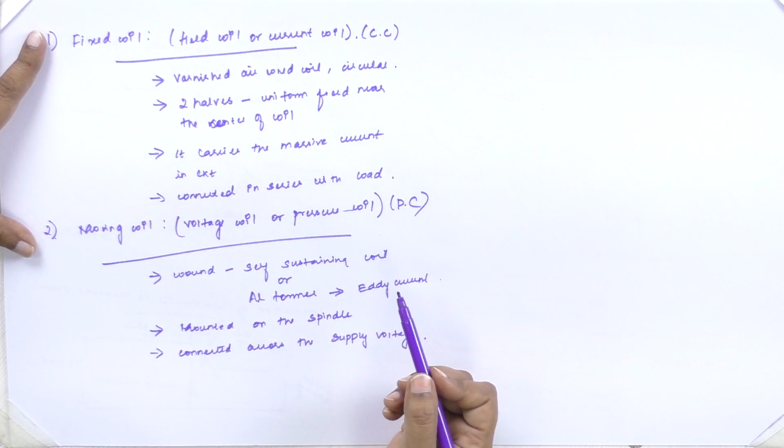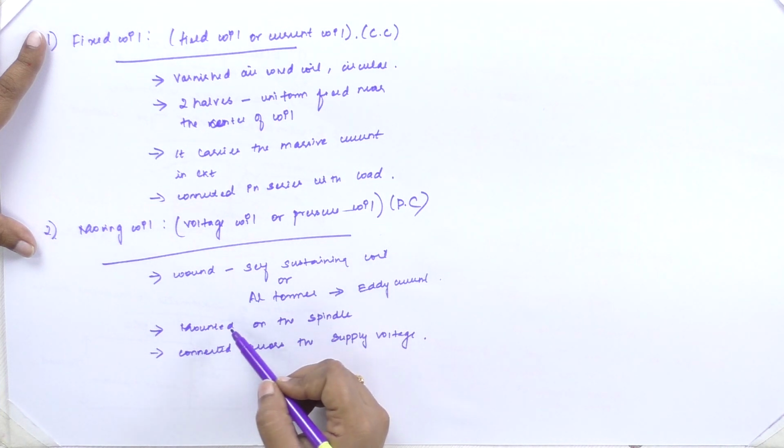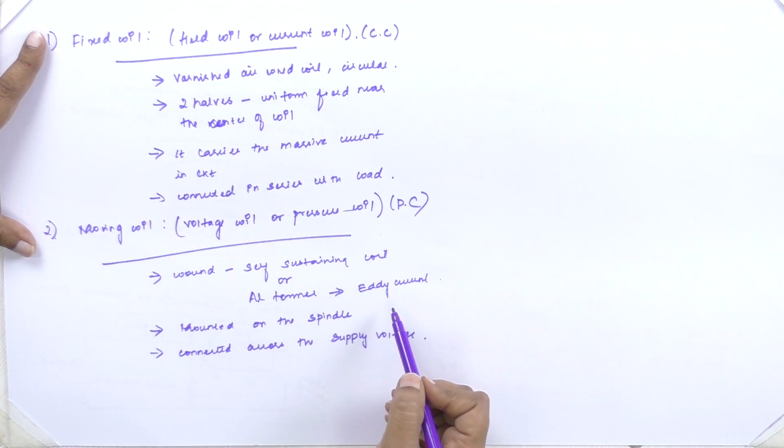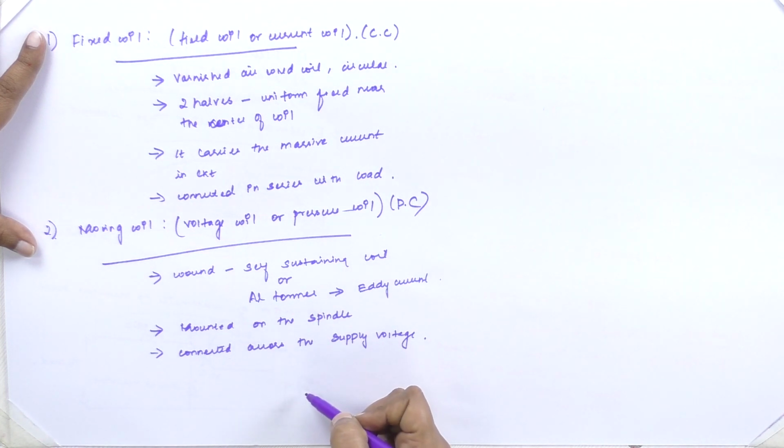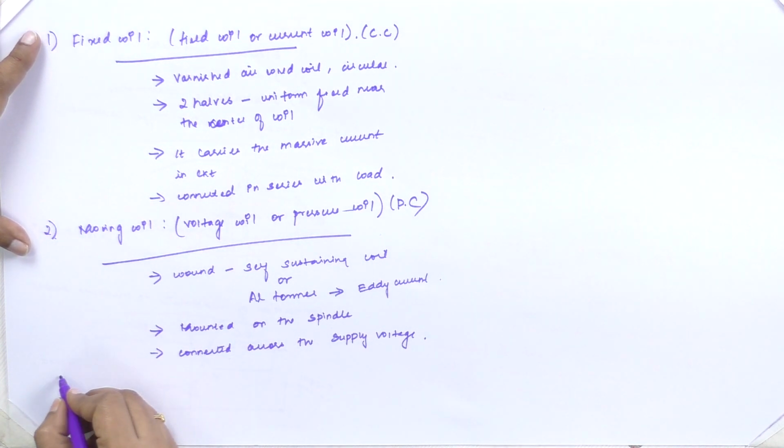If the aluminium former is used, it must be as light as possible in order to reduce the eddy current produced in that former, which affects the deflecting torque. This moving coil will be mounted on the spindle placed in the center, and will always be connected across the supply voltage.